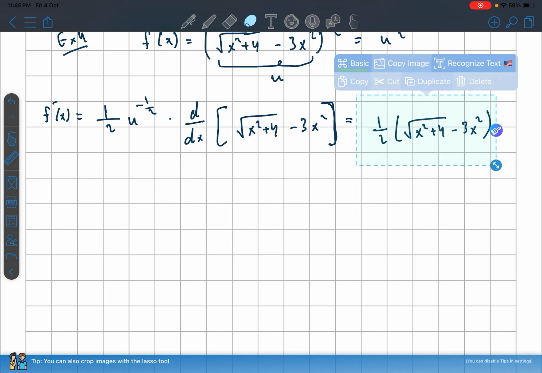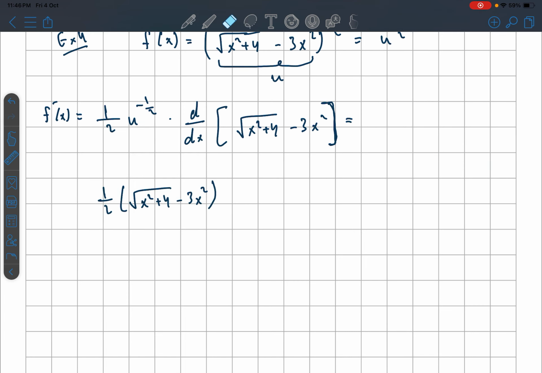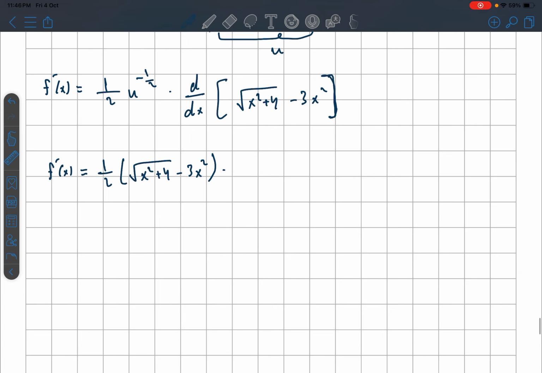Okay, let's write it here. Times the derivative of, d over dx. So we have it here. Here we can say x square plus 4 power of 1 over 2 minus 3x power of 2, and here we can take x square plus 4 as a u.